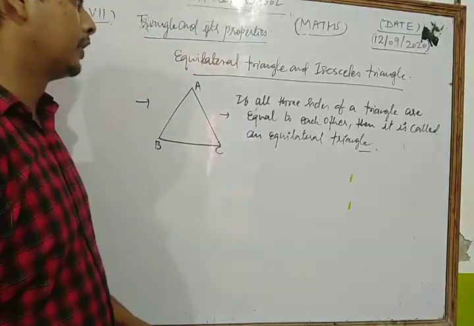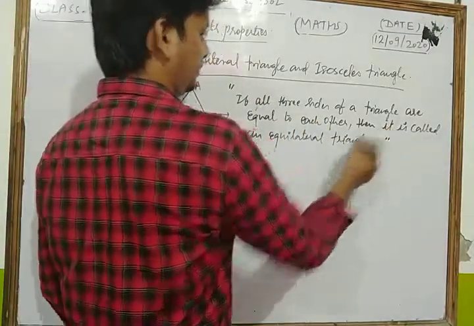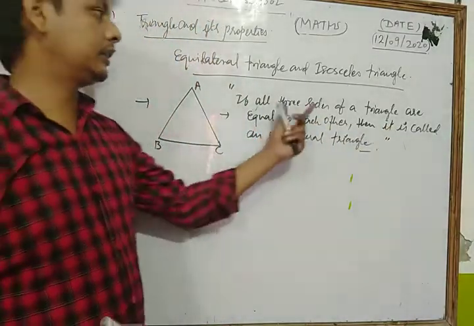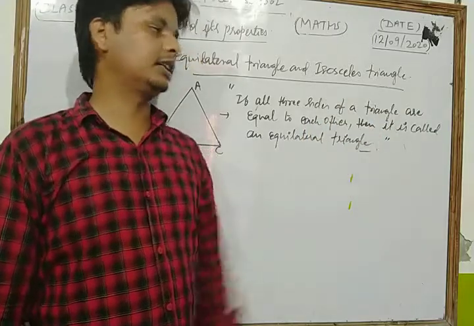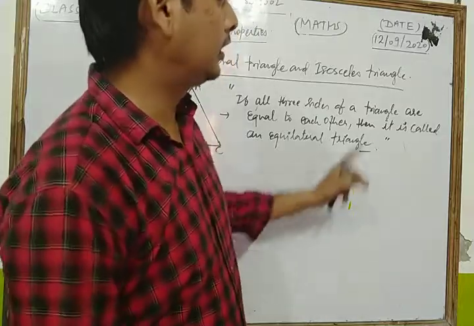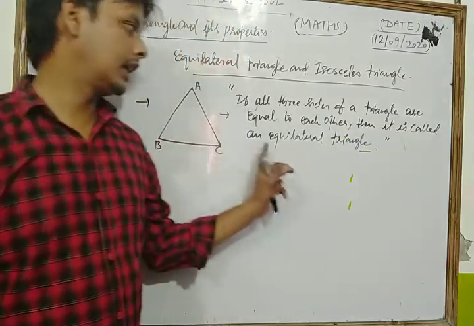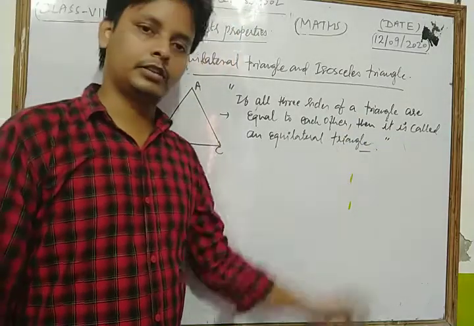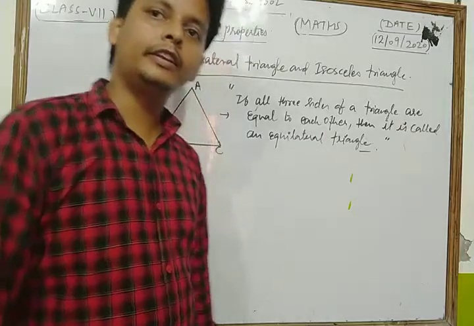Dear students, if all three sides of a triangle are equal to each other, then it is called an equilateral triangle.